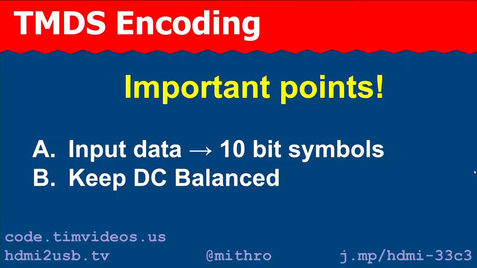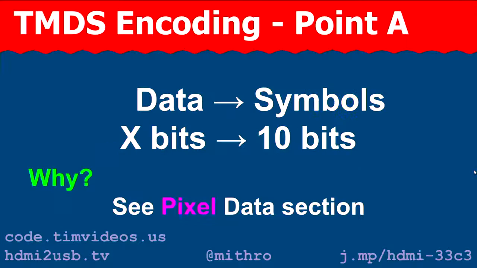As well, things need to be kept DC balanced. So I've rushed ahead. The question is, why 10 bits? Our pixels were 8 bits. I will explain why in the pixel data section, but it's important that all our symbols are the same size. We're always transmitting 10 bits every clock cycle.